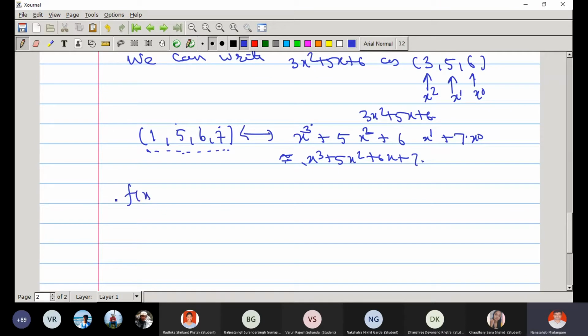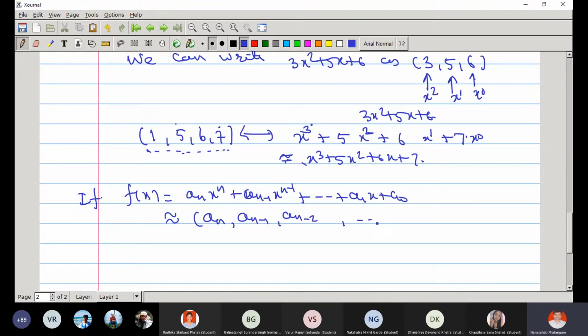So if f(x) is equal to a_n x to the power n plus a_(n-1) x to the power n minus 1, and so on, plus a_1 x plus a_0, then I can identify this with (a_n, a_(n-1), a_(n-2), and so on, a_0). And how many components does this vector have? n plus 1 components.